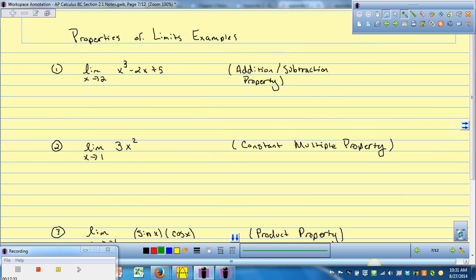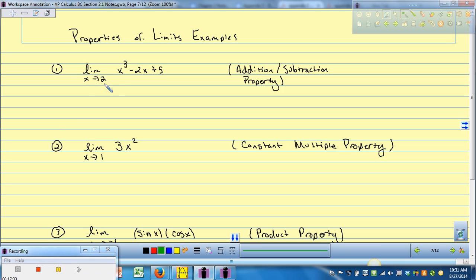All right, instead of going through every single property of limits, we're just going to do examples that illustrate these properties so we get our practice with solving limits while we talk about the properties. All right, so in our heads, when we see a limit, our first thing that we try is what? Plug it in.